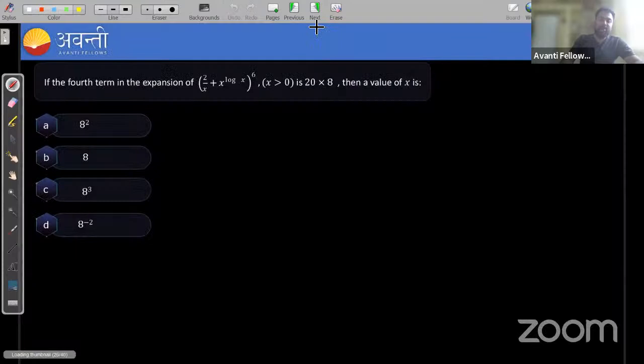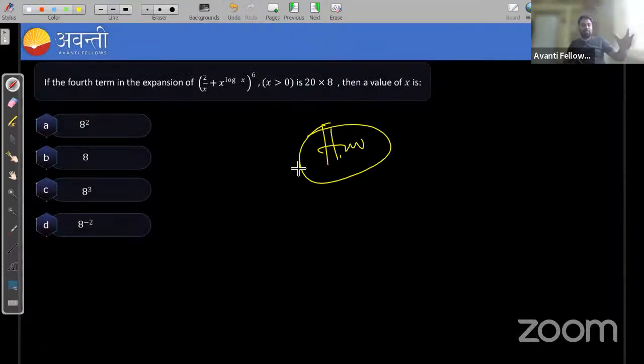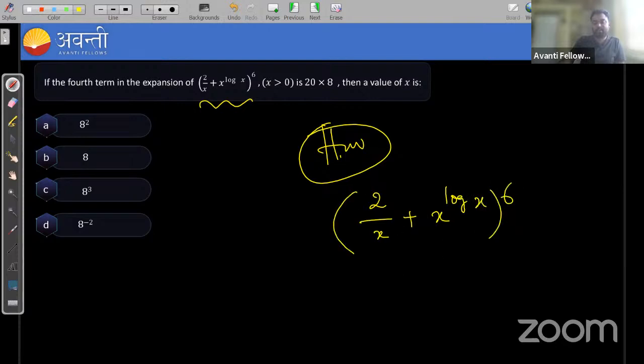And this is for your homework question, guys. Use the formula of general term and find the fourth term in the expansion 2 upon x plus x to the power log of x whole to the power 6.